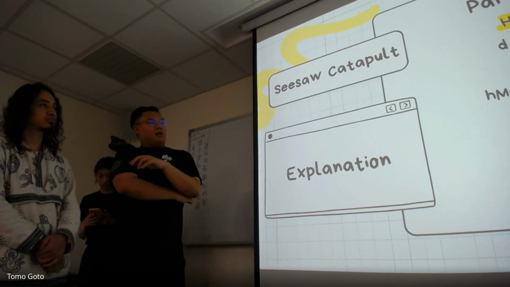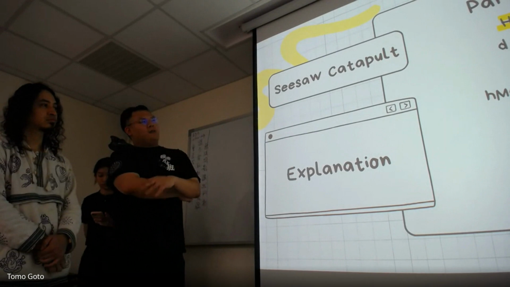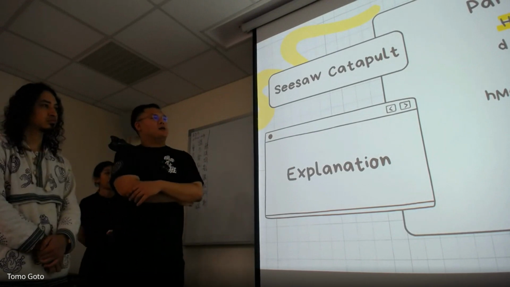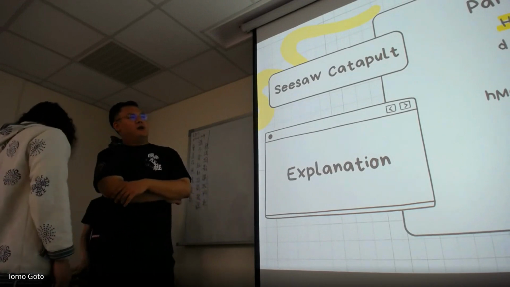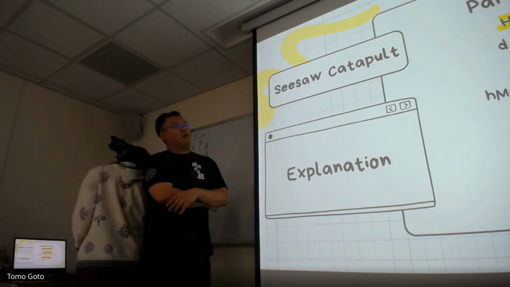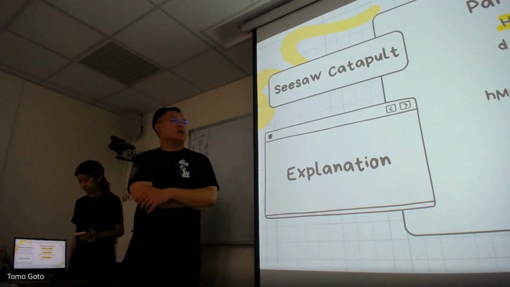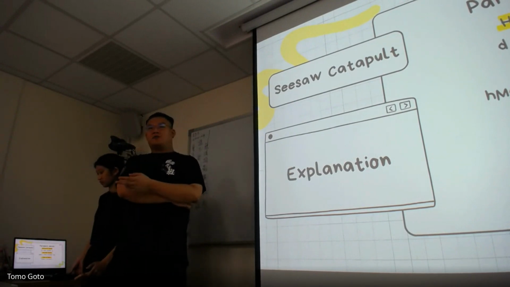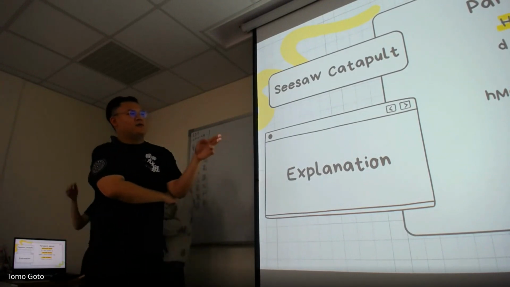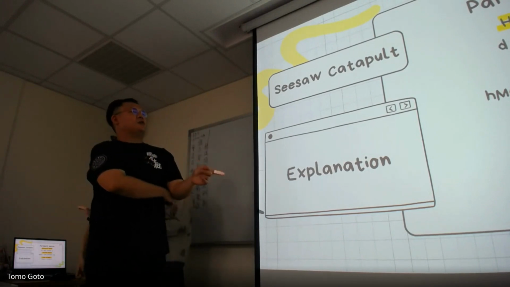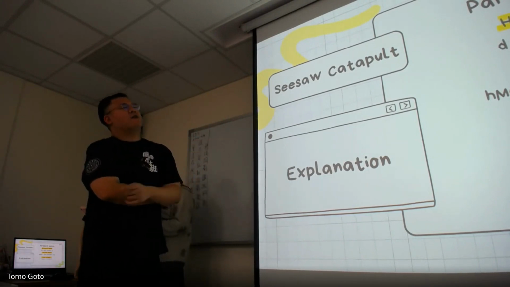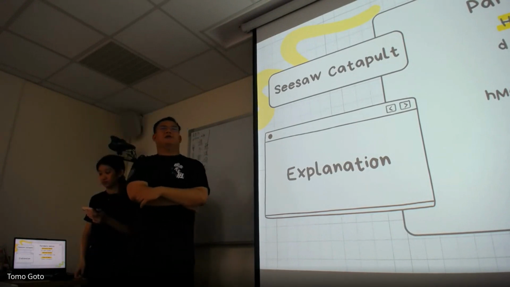Then you can get h max, the maximum height the projectile can achieve, using initial velocity squared times sine squared theta divided by 2 times gravity. And you can calculate the time for the projectile to reach h max using initial velocity times sine theta divided by gravity.